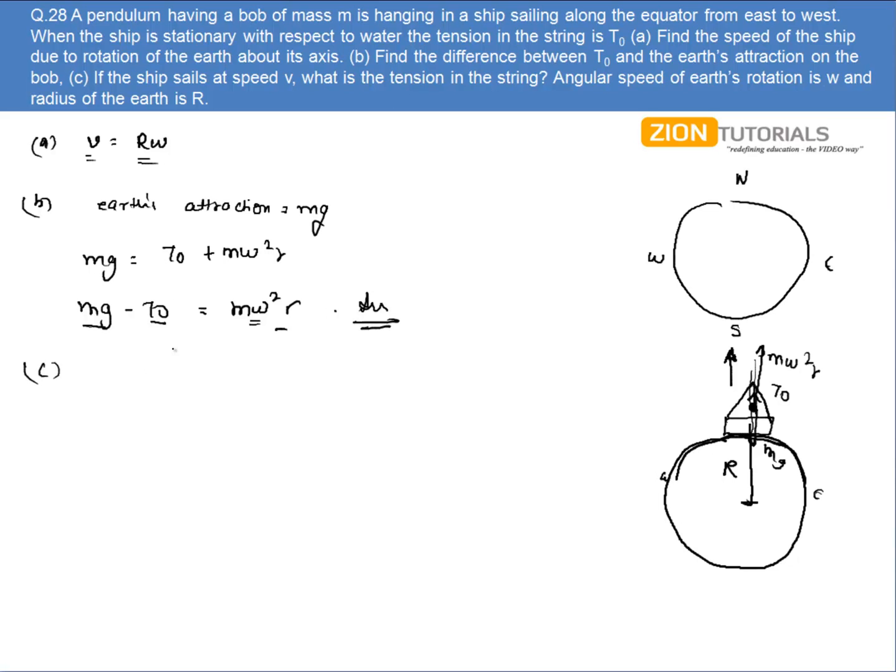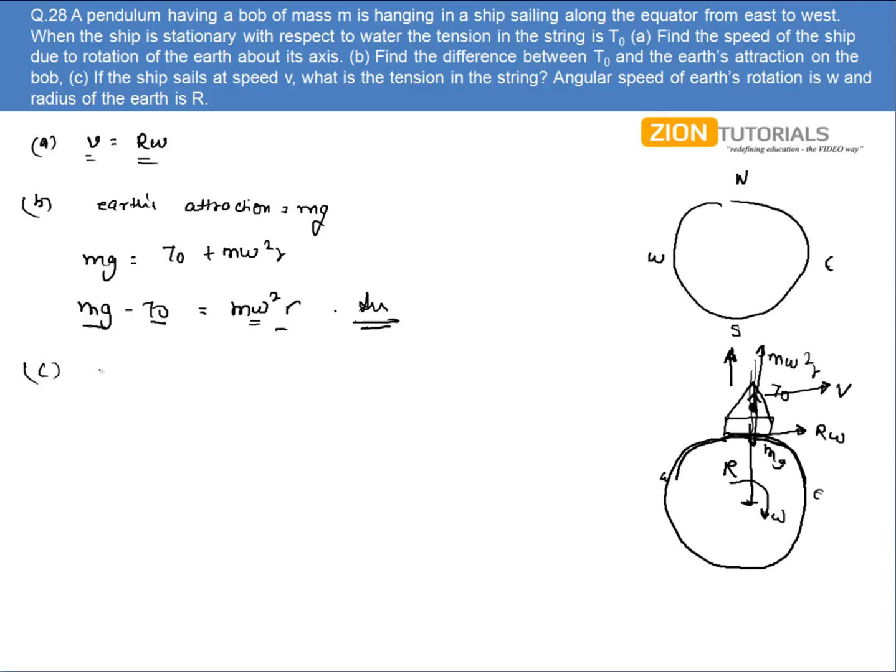In the C part, if the ship sails at a speed v, what is the tension in the spring? Now if the ship is sailing at a speed v, and the earth is also rotating with omega, let's say the linear velocity of the surface of the ocean will be r omega, and the speed of the ship is v.